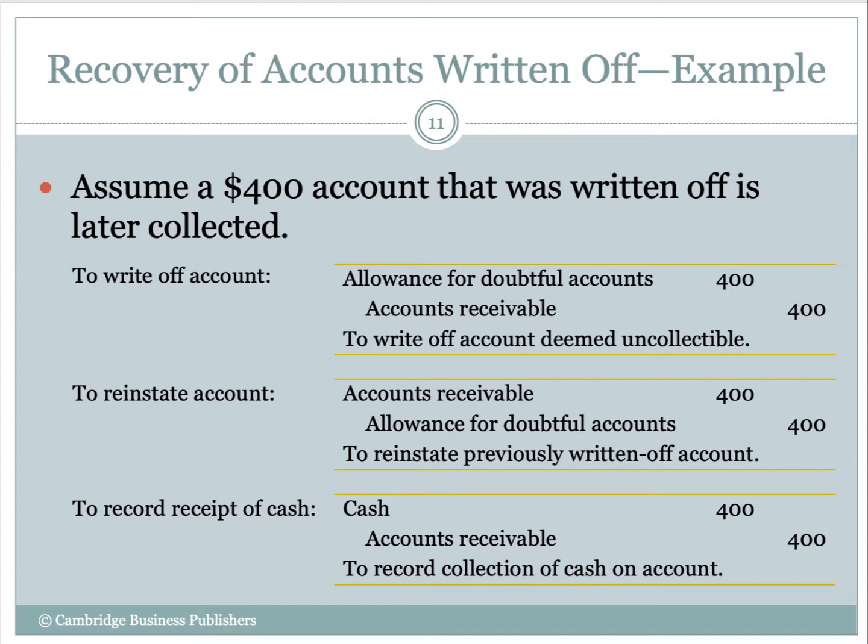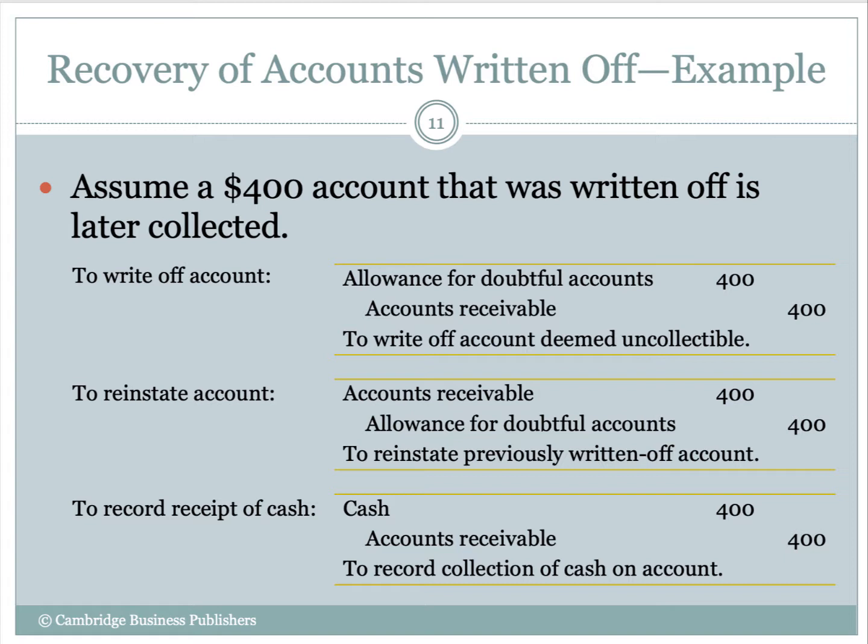Well, we have to undo the write-off. That means we need to reinstate the account. How do we do that? We do the exact opposite of what we did when we wrote the account off. To reinstate the account, we debit accounts receivable, credit allowance for doubtful accounts.